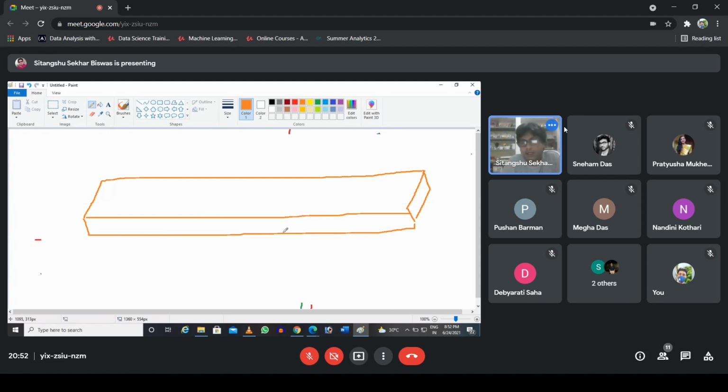So this is a bar. Take it as 1.5 meter. The thickness is 200 mm. This thickness is 200 mm. This one is 600 mm.